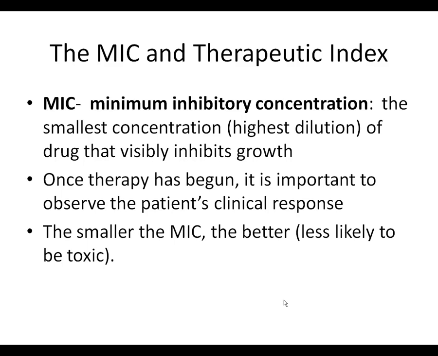What is the highest dilution that it takes to cause this drug to begin to be inhibited? Once therapy has begun, it is important to observe what type of response this patient is going to have. What is its clinical response? The smaller the MIC, the better, or the less likely it is to be toxic.